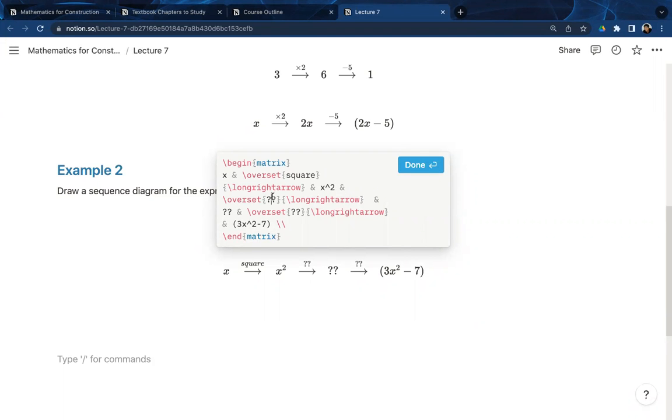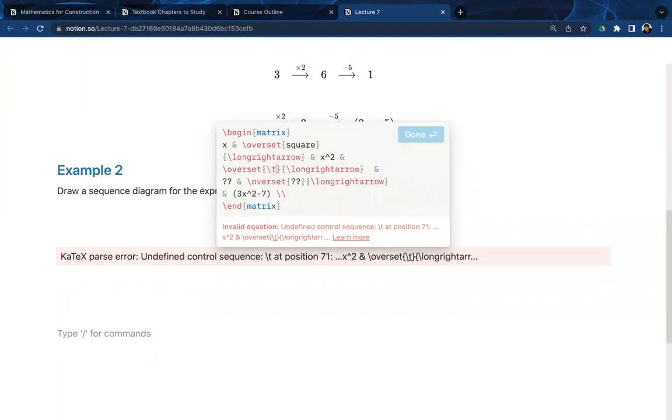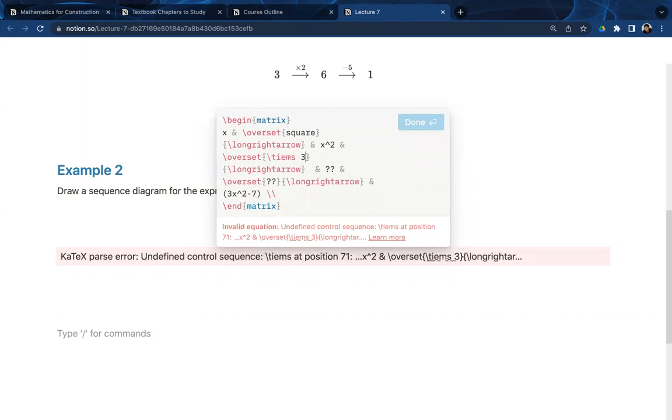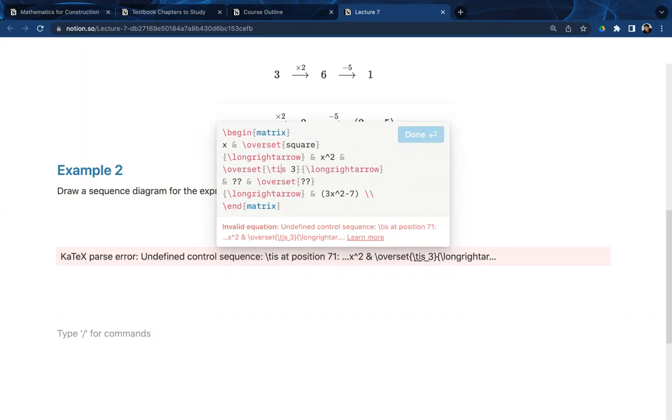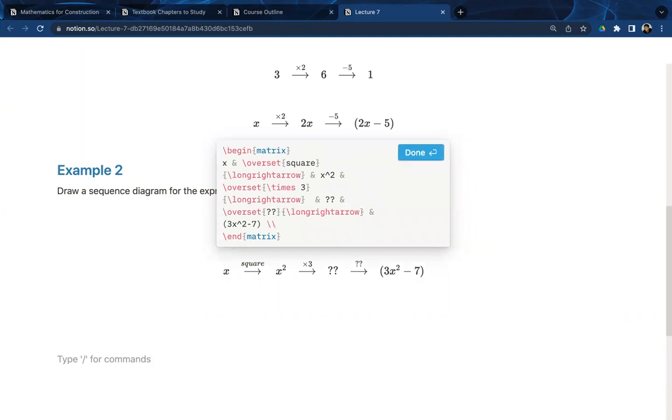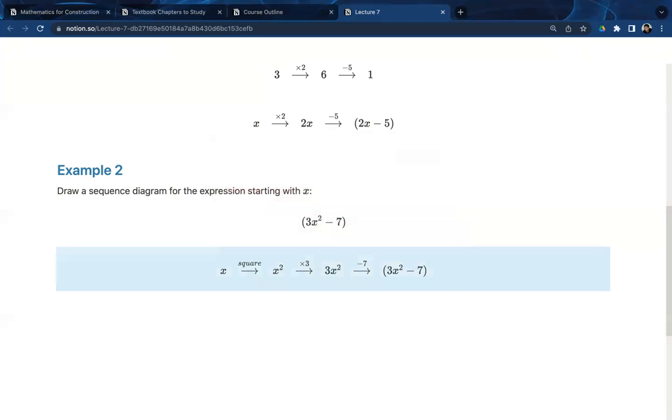Then we need to multiply it by 3. So multiply x squared by 3, you get 3x squared, okay? And then finally, what we need to do is subtract 7, okay?